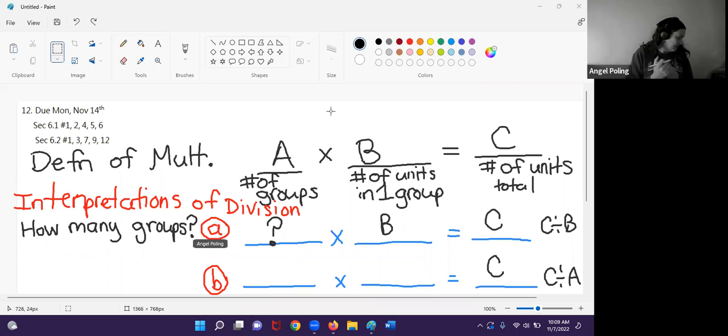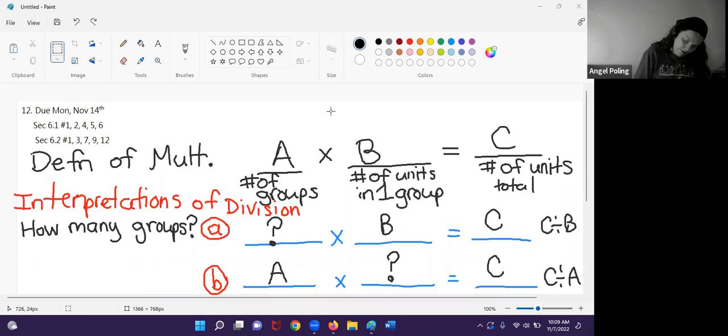And that's the book's version of this interpretation of division. And in the second situation, we know the number of groups that we're trying to divide by, but we don't know how many items are going to go in each group.